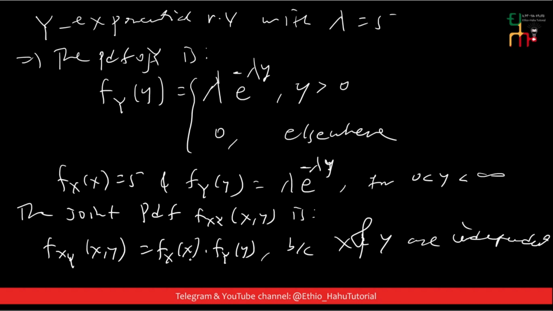If they are independent, the joint probability density function is equal to the product of the marginal probability density functions of x and y.